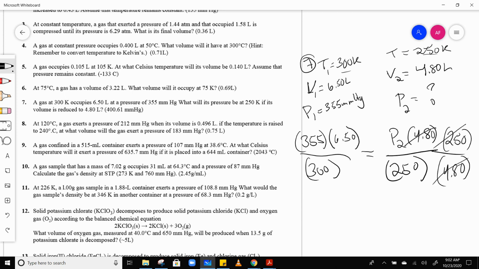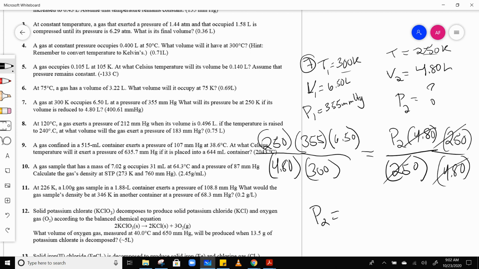Those will cancel. However, if you do it to one side, you've got to do it to the other. So 250 and 4.80. Okay, so let's see here. 250 times 355 times 6.5 divided by 4.8 divided by 300.